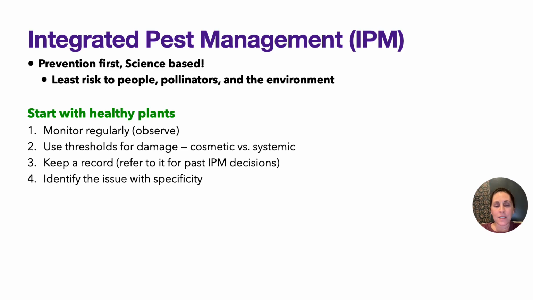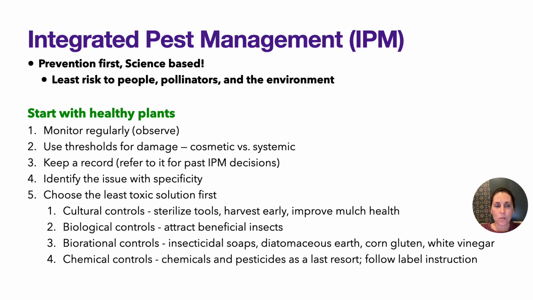Number 4 is to identify any issues with some specificity, and so what type of pest is it that you're dealing with? What is the most likely pathogen that has infected your plant? Then, if you choose to treat that plant, it's to choose the least toxic solution first.